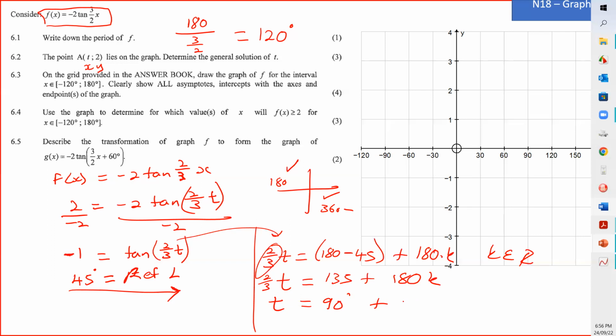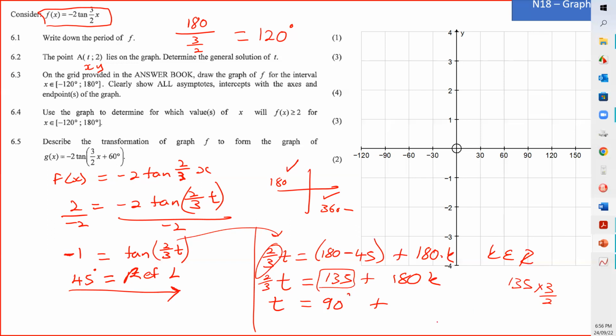I don't have a calculator with me, but I'm multiplying it by 3/2. 135 times 3 is 270 divided by... sorry, I think I've got that one wrong.